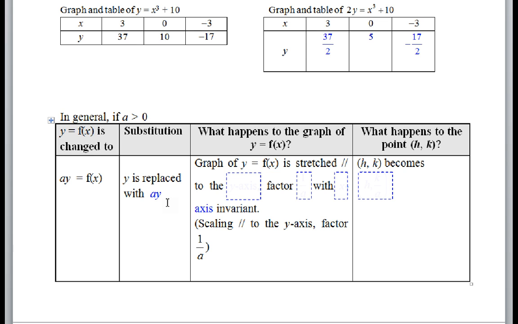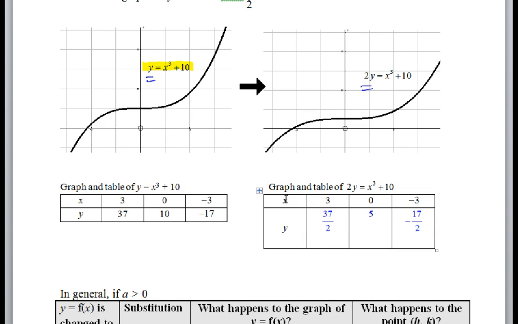If you look physically here, what happens? All the y coordinates are multiplied by half. That means, in very layman language, you actually compress your y in this way. But think about it, it's actually multiplying all your y coordinates by half.